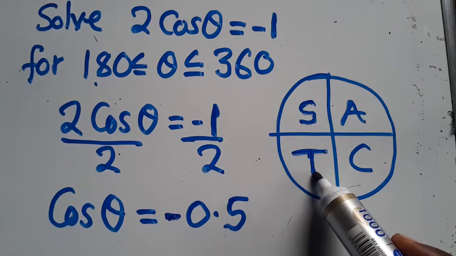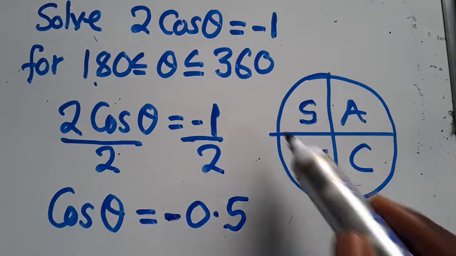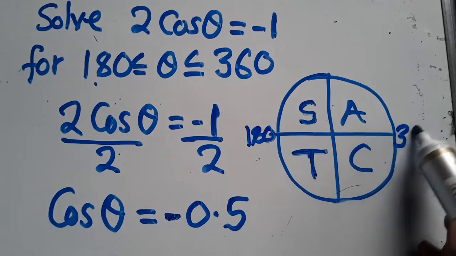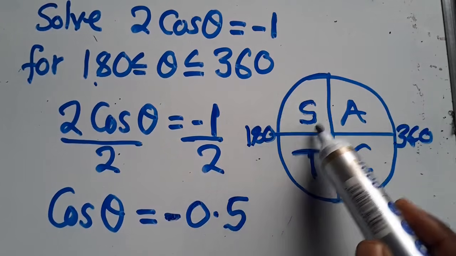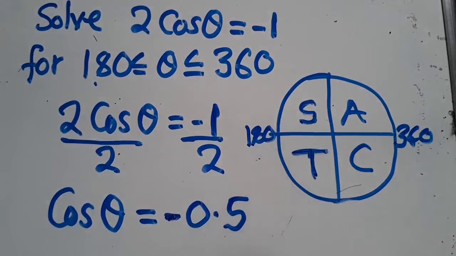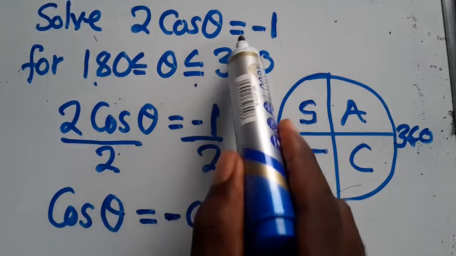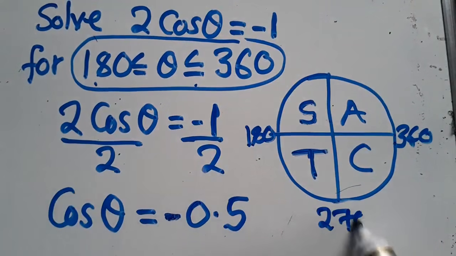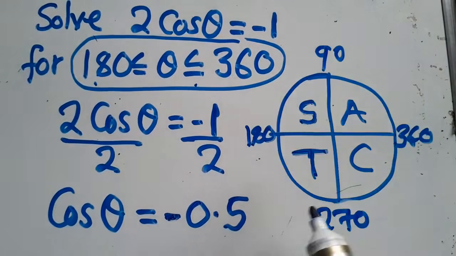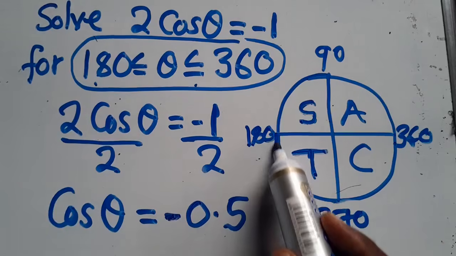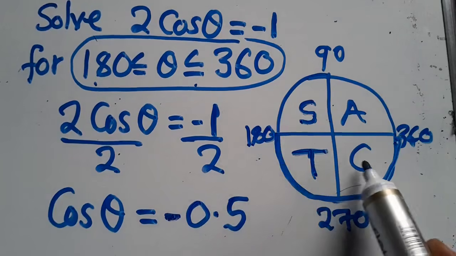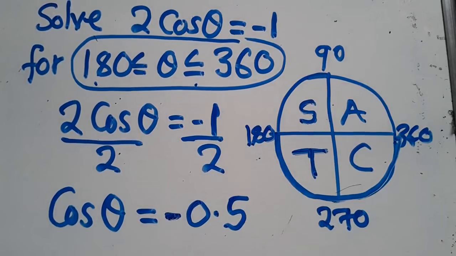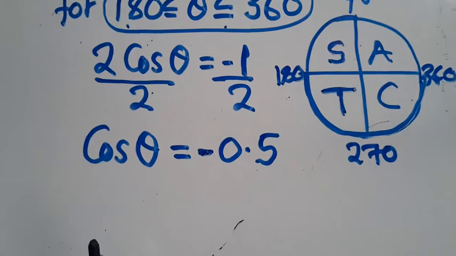We know that 180 is here, and 360 is there, 270 is here and 90 is there. From 360, your concentration should just be on these two boxes. So in this case, we are just going to have one answer, because of where theta is given to lie.